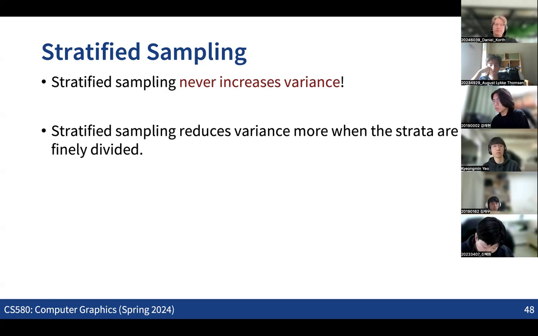We can also further reduce the variance when we have finer-grained strata. When you divide the region into smaller pieces and allocate the samples strategically for each stratum, we can always get better results, with much faster convergence of the estimate.